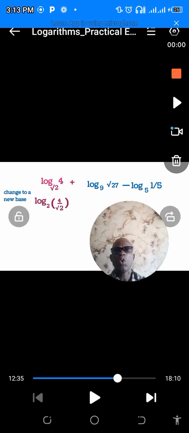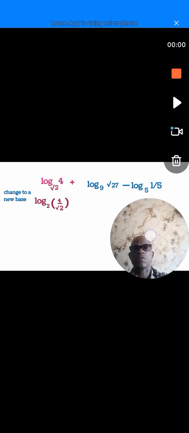Then what are we going to do now? We are going to look at the relationship between 4 and 2. 4 is a power of 2, and root 2 is also a power of 2, so 2 is the new base. Then what we need to do now is to write this number as a power of the base.